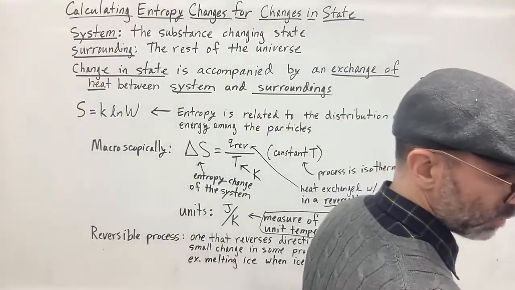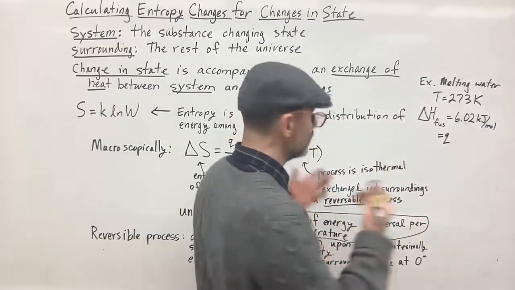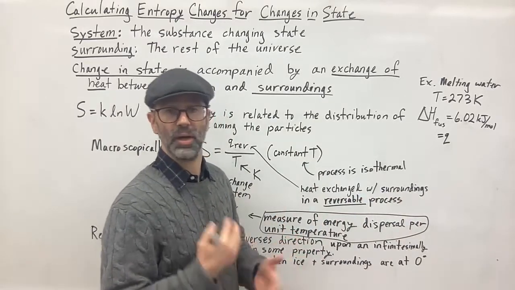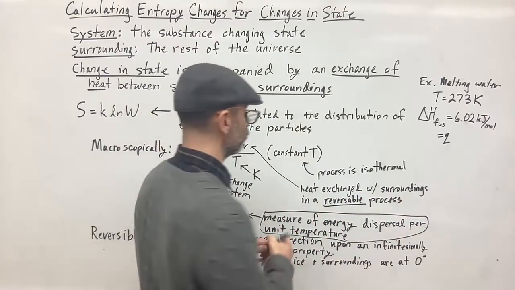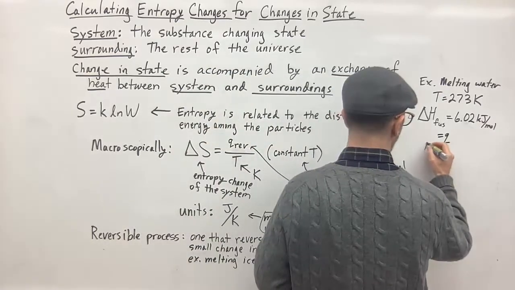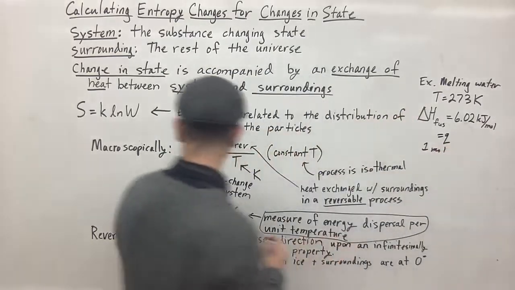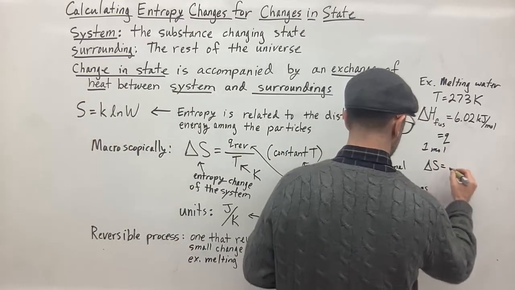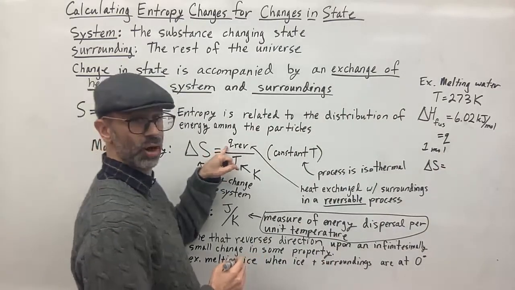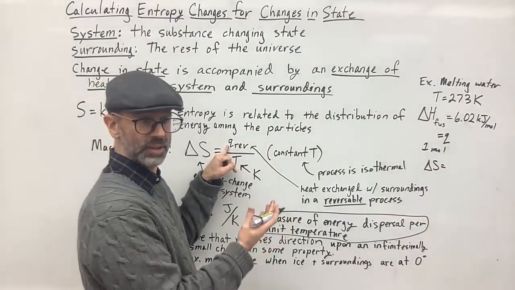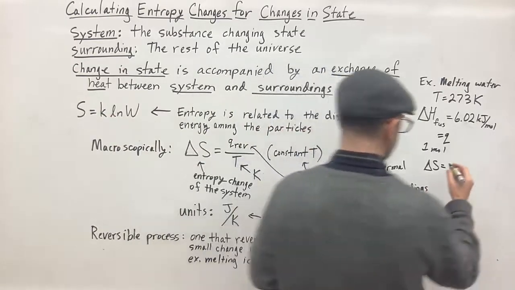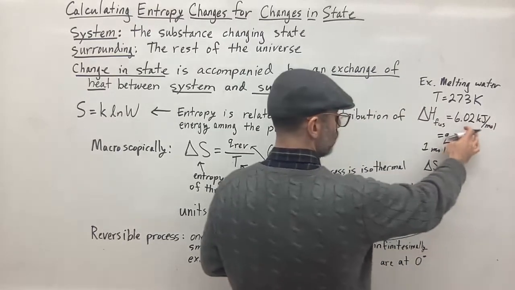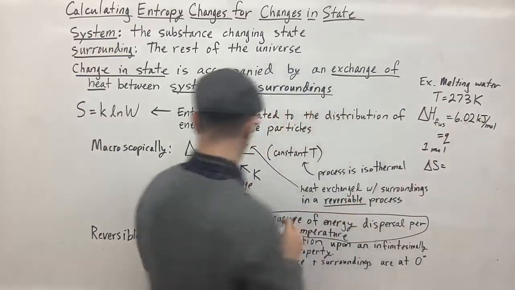So then let's say that we have 1 mole. Let's make it simple. We have 1 mole of ice that we're going to melt. So if we use our equation here, delta S is going to be equal to the Q of a reversible process. So we're melting ice. And so the Q value is going to be, we're going to change this to joules because we want joules here.